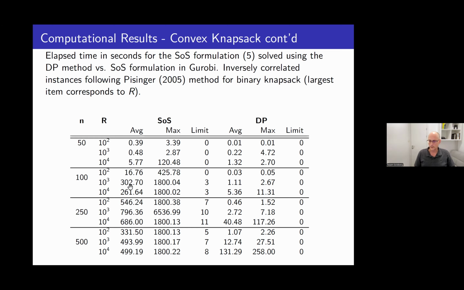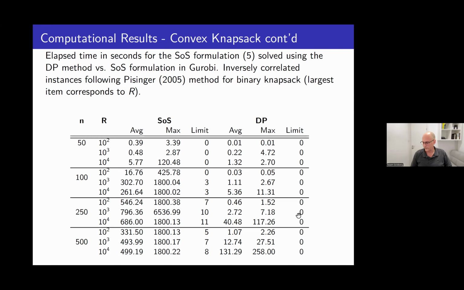And the magnitude of the parameters also affects the MIP. And even when we get to 100 items, we reach the time limit in solving the MIP. Here it was a short time limit of 30 minutes.